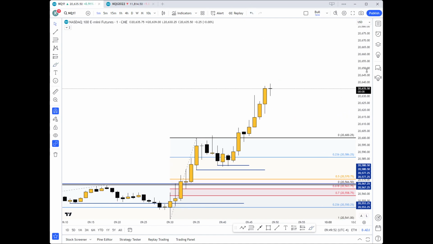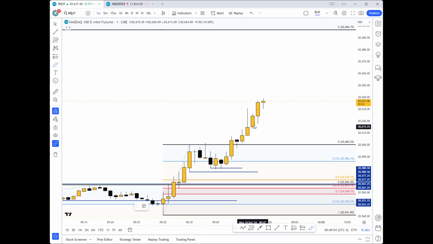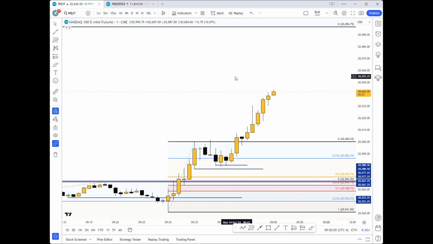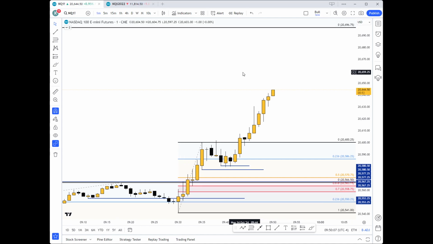So I, without even knowing it, as I was watching price deliver higher, some of my accounts on the screen had a ghost order sitting 6 contracts short, which went up 50, 60 points or whatever it was, and liquidated.